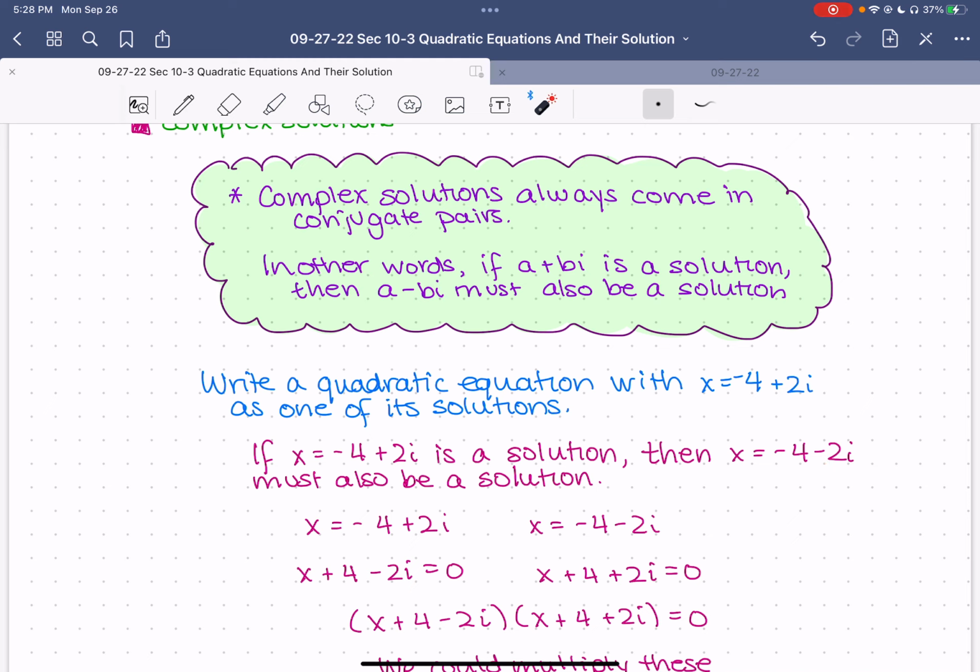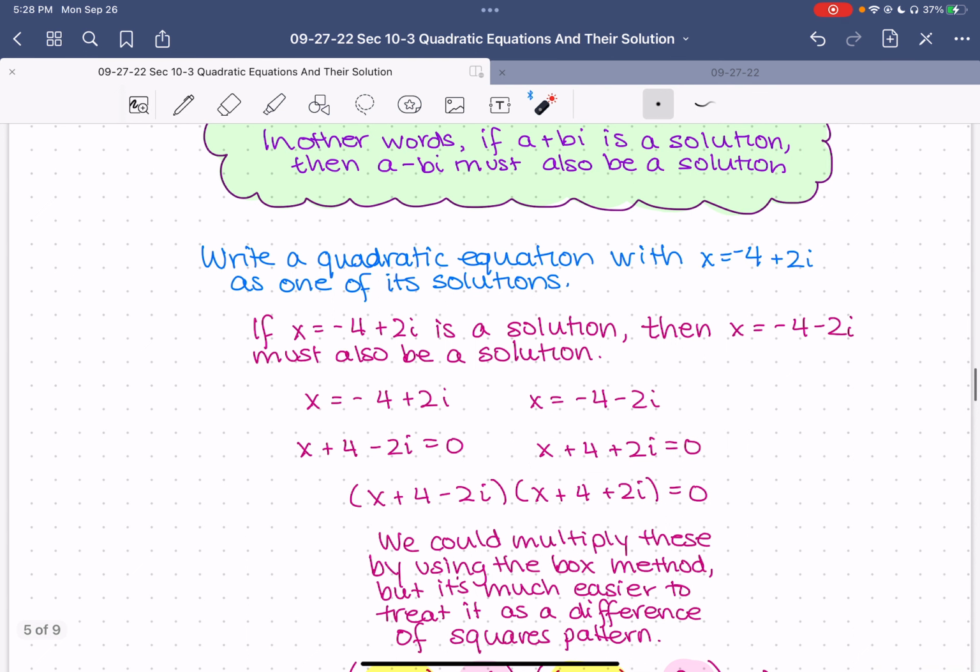And then we just go from there. I'll show you a little trick, though, that can make the math a little easier. But again, I set those up, x equals negative 4 plus 2i and x equals negative 4 minus 2i. Those are my solutions. And then I set each one of these equal to 0.